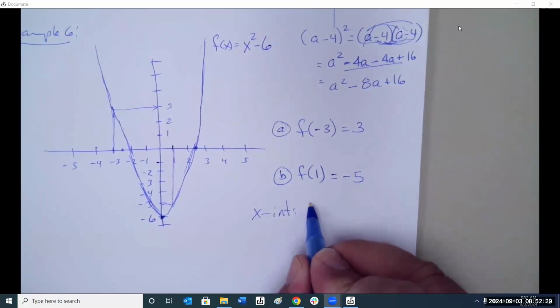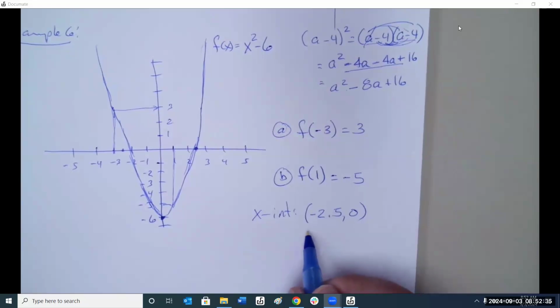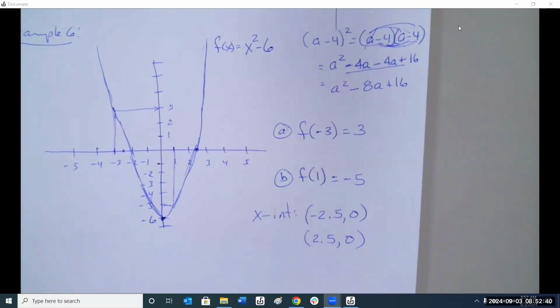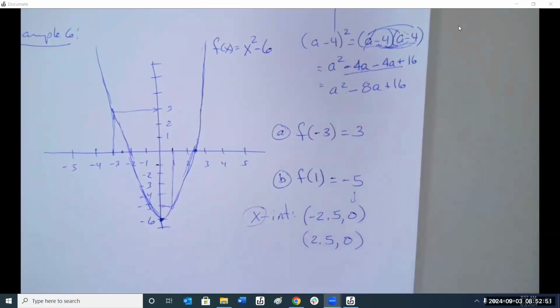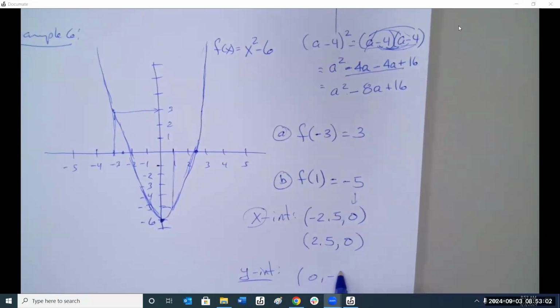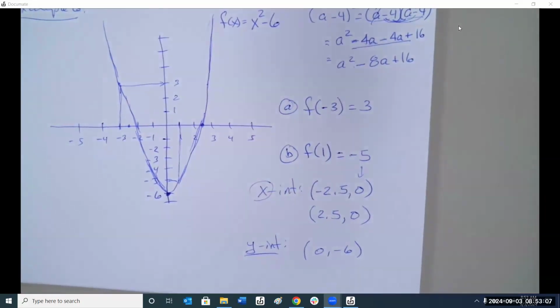Is that -2? Right. Parentheses, -2. Right. It's a location. You have to give me the coordinates of the location. Very good. And since it's the x-intercept, I don't want the y values. I'd make them equal 0. And what's the y-intercept? Zero, -6, right? Because it doesn't go anywhere horizontally, it goes straight down, -6.